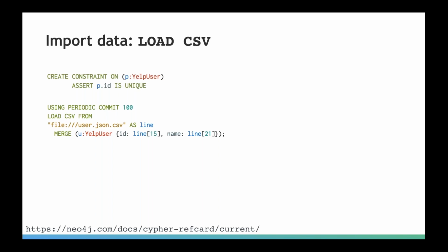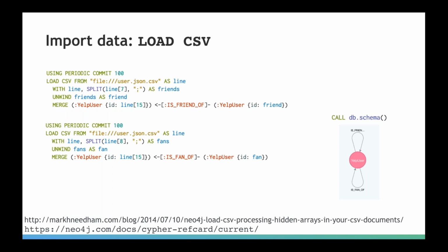So I noticed that there are not only users in this file, there are also friends and fans. And I've been using an unwind in these clauses. I got the inspiration for this from a blog by my colleague Mark Needham, and you see the URL in the bottom of this slide.